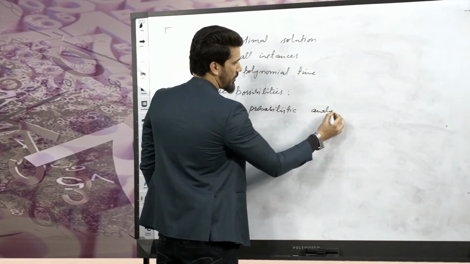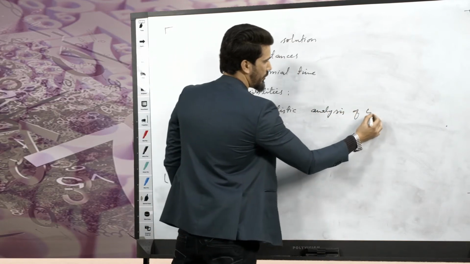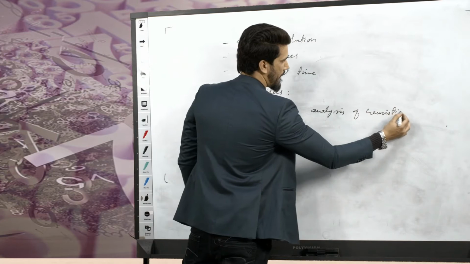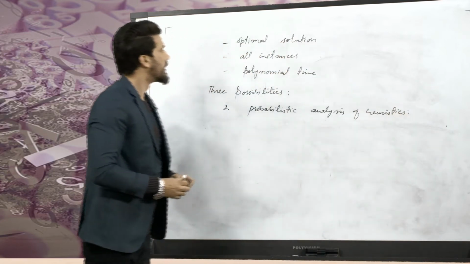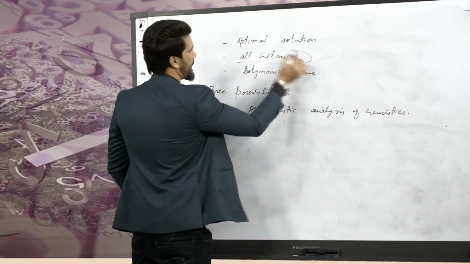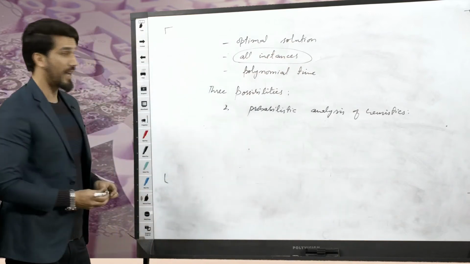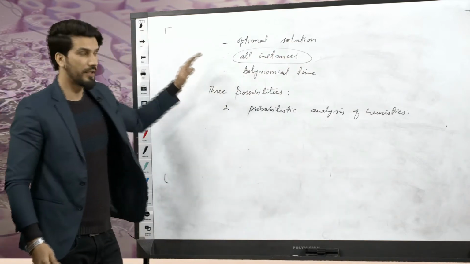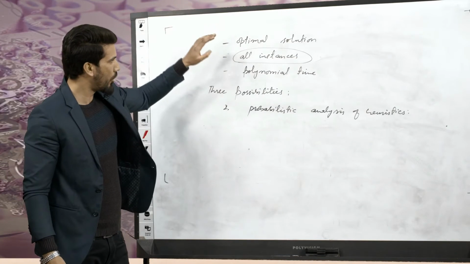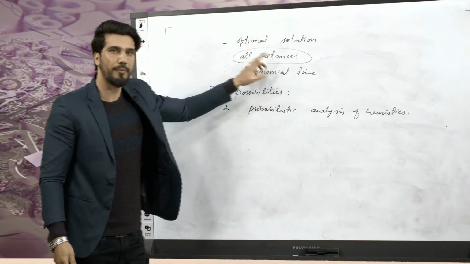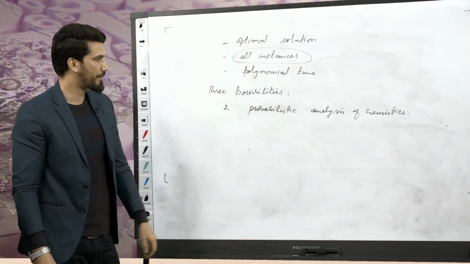Probabilistic analysis of heuristics. Now, if you look at this requirement, it says that the optimal solution should be found for all the instances of a problem in polynomial time.